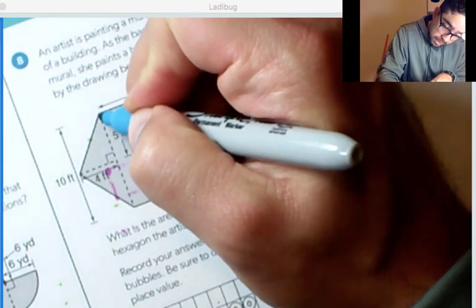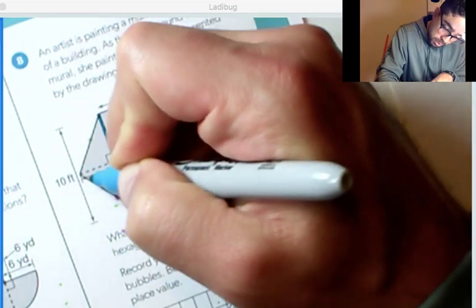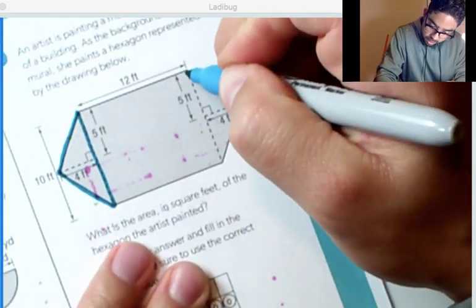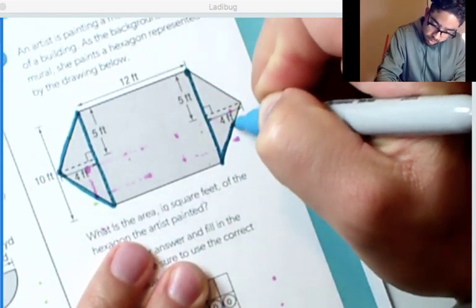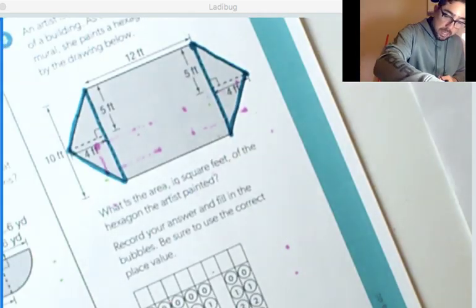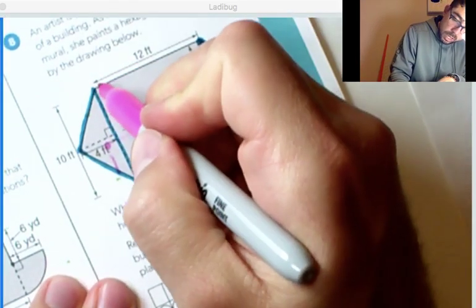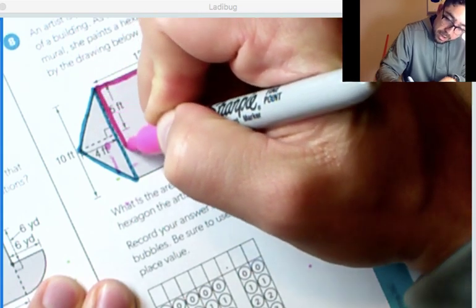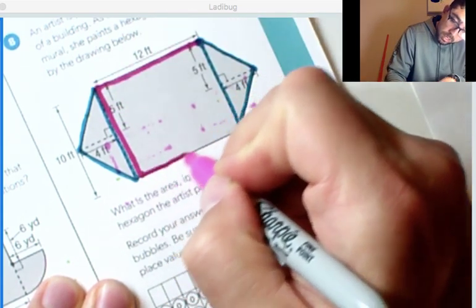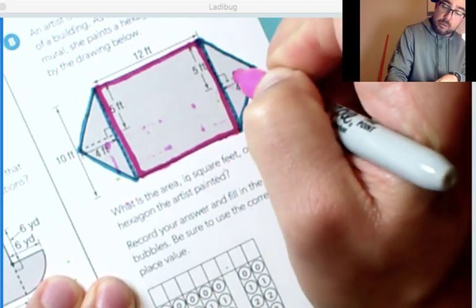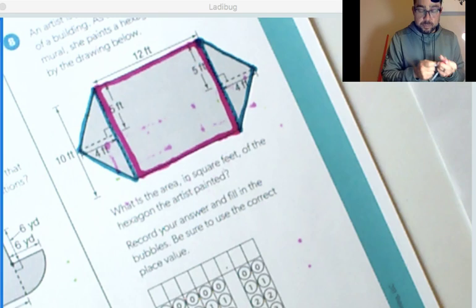I can see that there is a triangle, another triangle that's congruent to that triangle, and then a big rectangle in the middle. So we're essentially going to have to find the area of a rectangle, and since these triangles are congruent, we're going to find the area for one of the triangles and just double it.